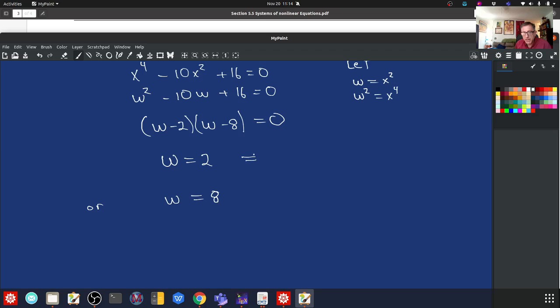So that implies x squared is equal to 2, which in turn implies x is equal to 2 values, plus or minus the square root of 2. This is going to imply that x squared is equal to 8, which implies that x is equal to plus or minus the square root of 8.